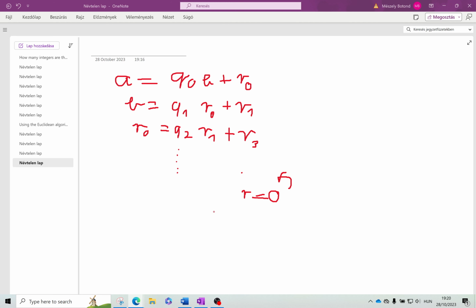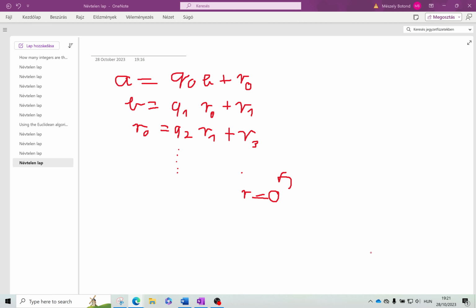Luckily for the Euclidean algorithm, there are quite a few videos and also sites. So I suggest learning these kinds of algorithms, because they will ask you one of them, and you need to solve them like this. Every step needs to be written down, otherwise they won't give you the points, even if it's good.